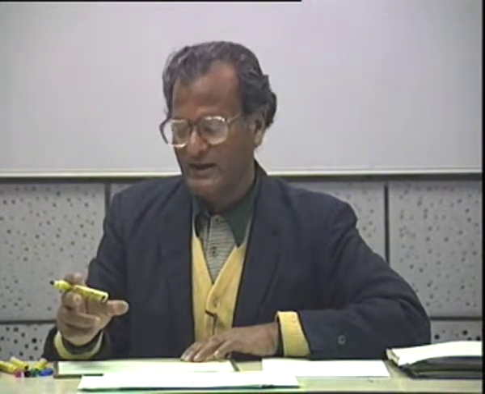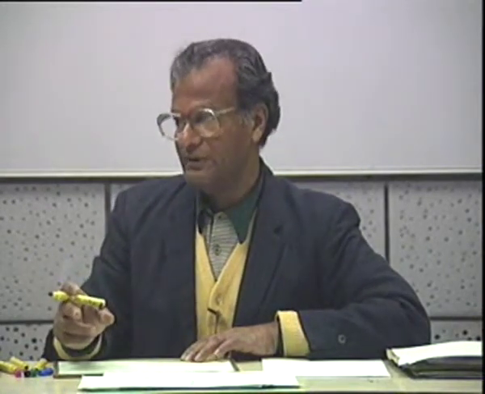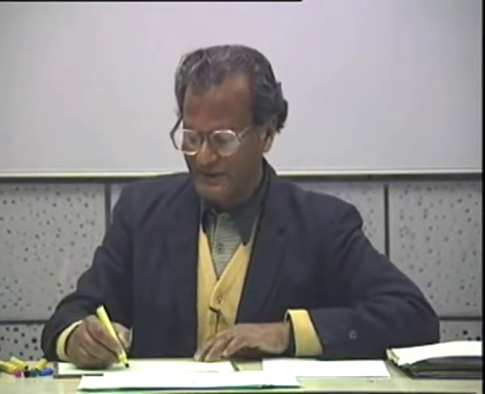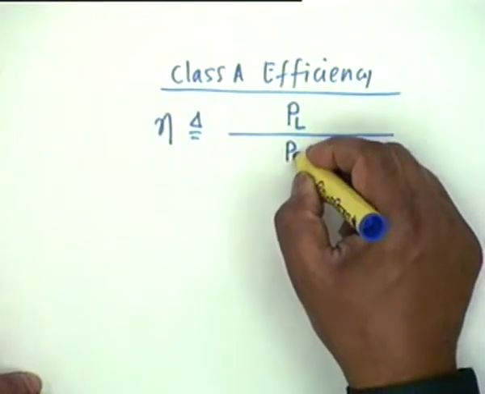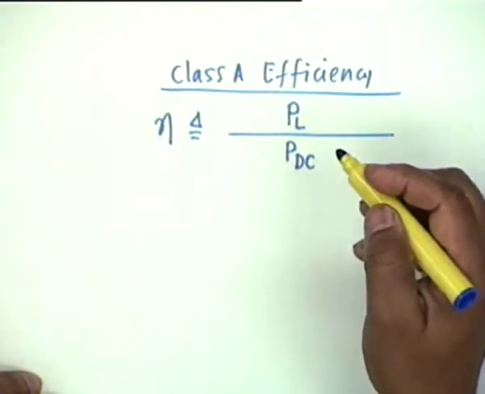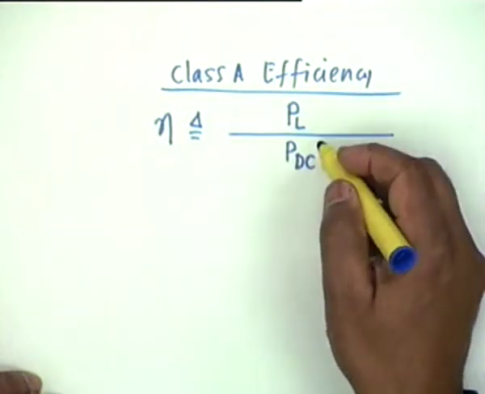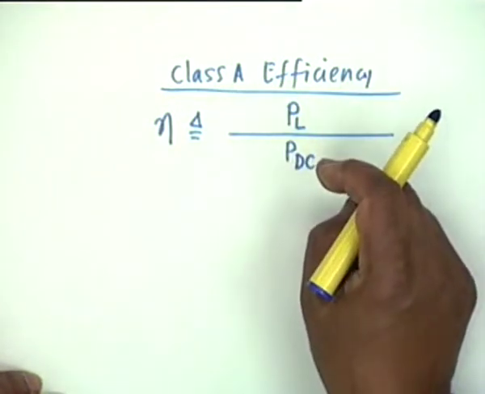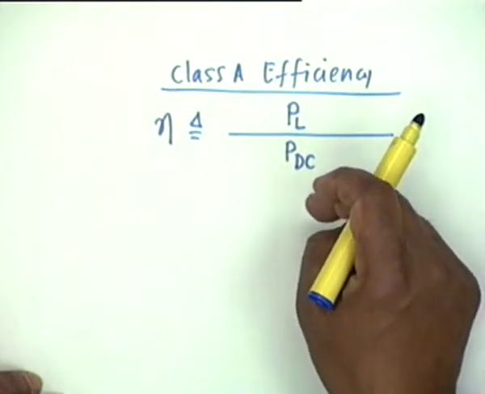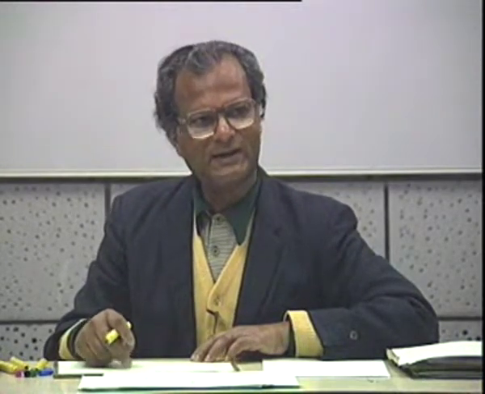You are basically asking for undistorted amplification. So one cycle of a sine wave is good enough, divided by the DC power that is supplied by the battery. And as I had told you earlier, this DC power is mostly dissipated in the output transistors, and therefore if you calculate the dissipation in the output transistors, that's good enough.